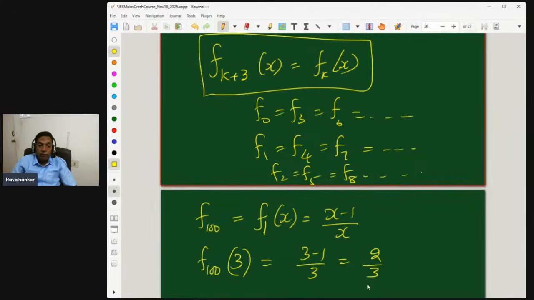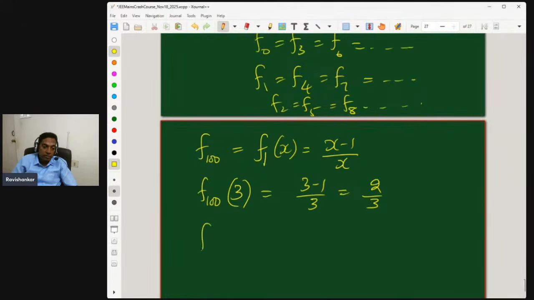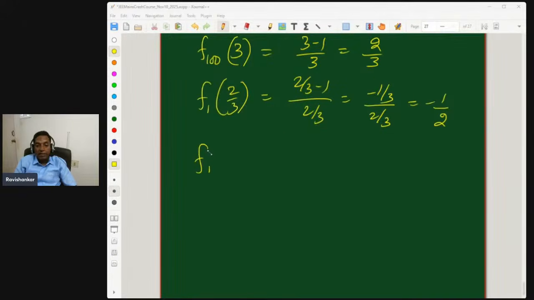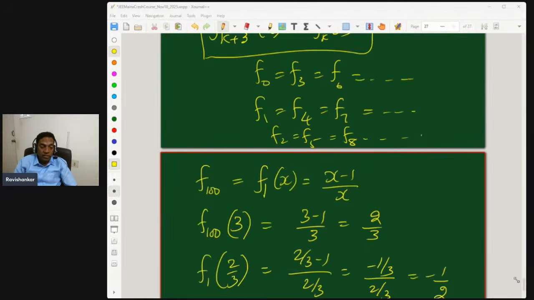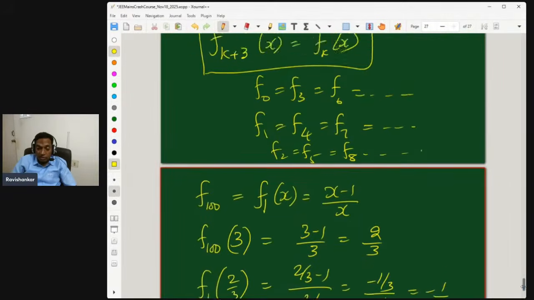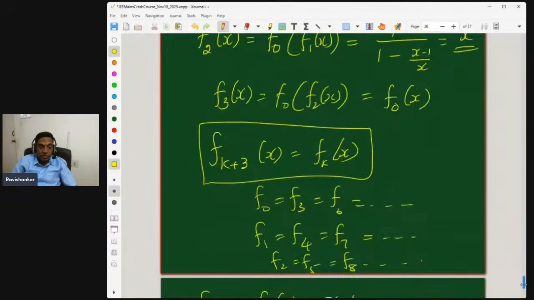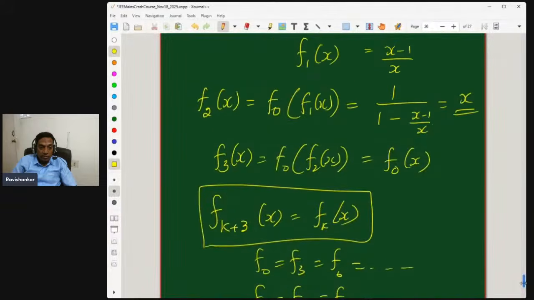Okay, f1 of 2 by 3 is nothing but (2 by 3 minus 1) by (2 by 3), which is minus 1 by 2. And finally, f2 of 3 by 2. Remember f2 of x is x itself.